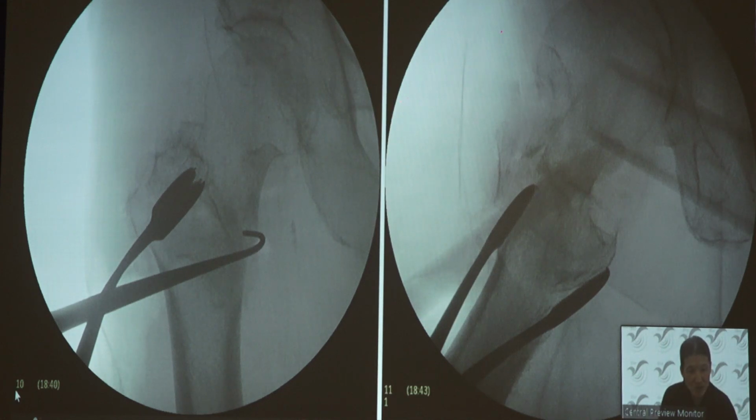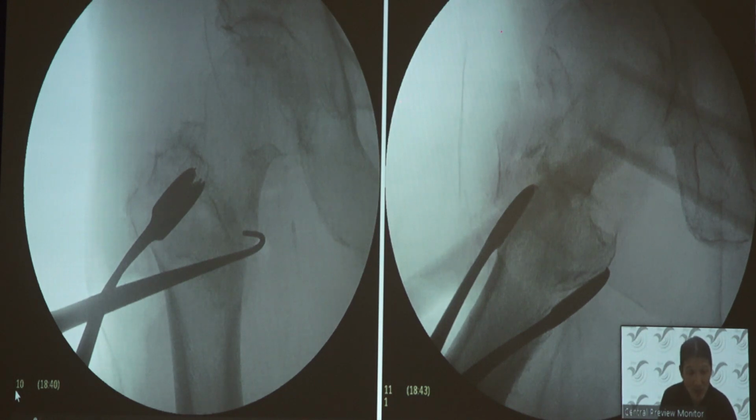So you need to do a better job getting the reduction. There are many times when the greater trochanter is comminuted in many fractures. In those cases, I would rather think about using the bipolar head arthroplasty than fixing it with a TFNA. So those are the concerns that you need to have. So I always have my BHA sets ready.